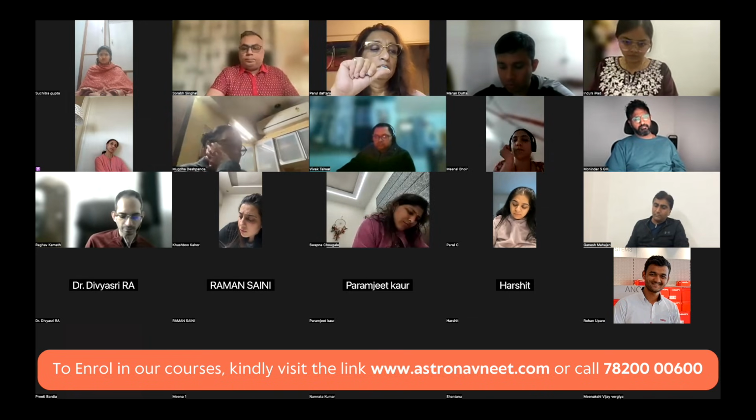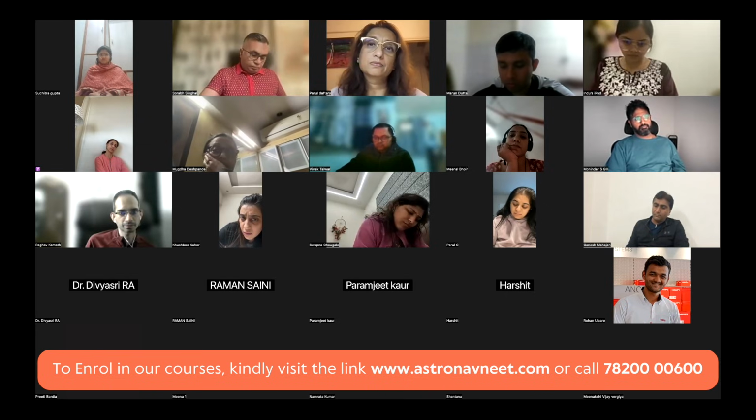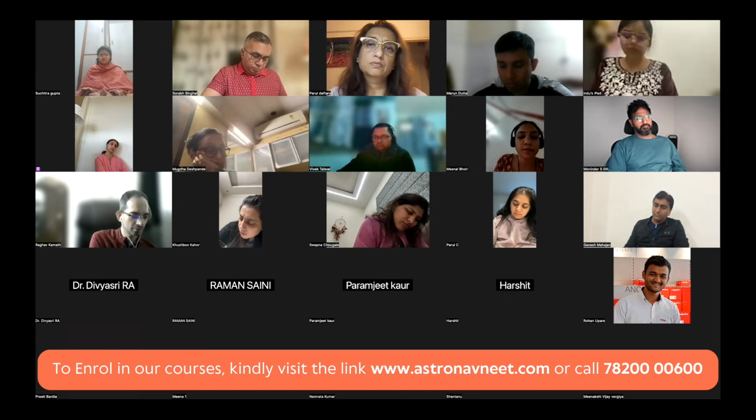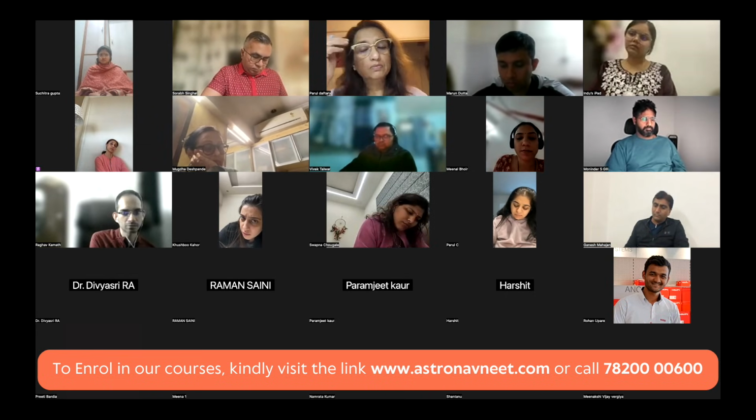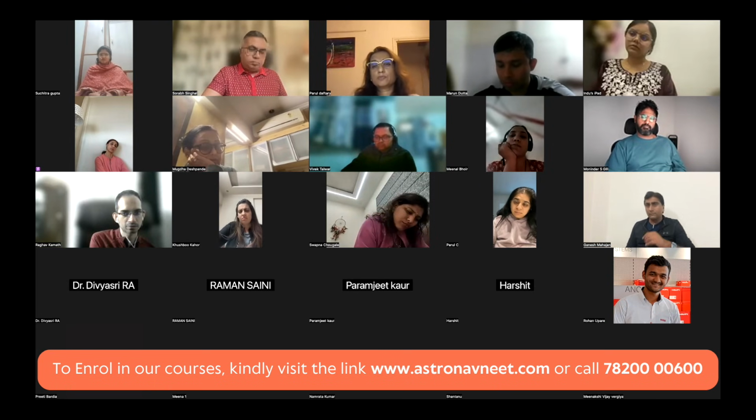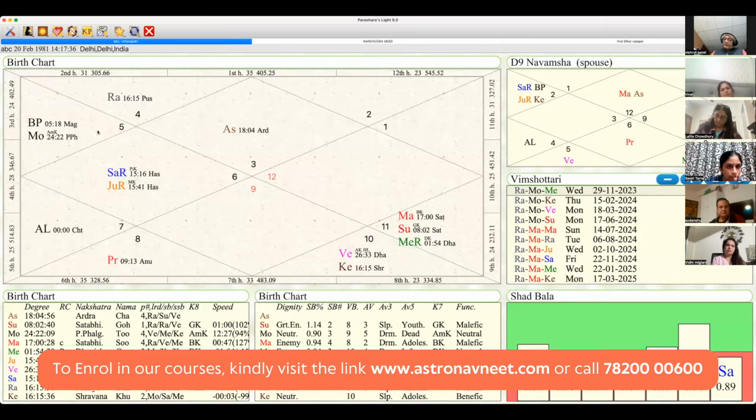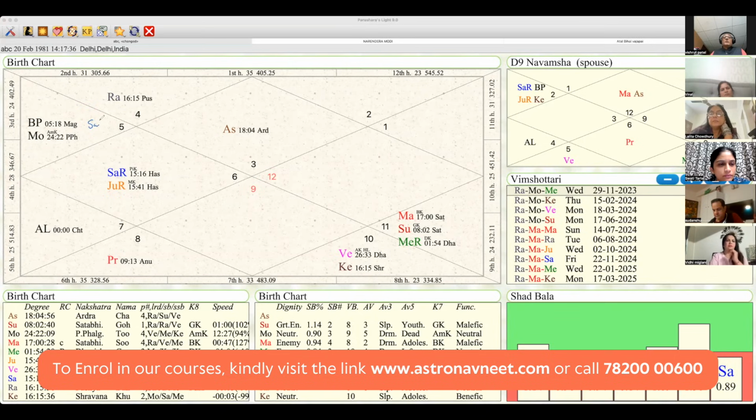And if the planet is at 29 degrees, that means the planet has just fallen. Has just fallen. For an example, suppose in this chart, the Saturn was here, retrograde, at 28 degrees or 29 degrees. That means the Saturn has just fallen from the fourth house to the third house at the time of the birth. Just fallen.